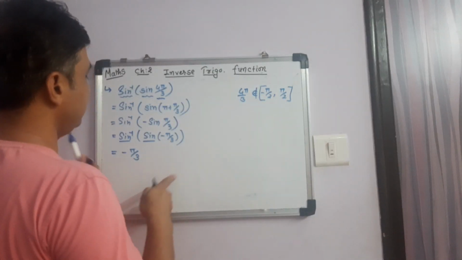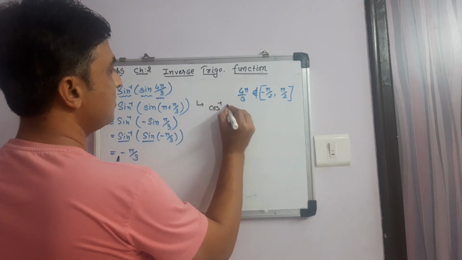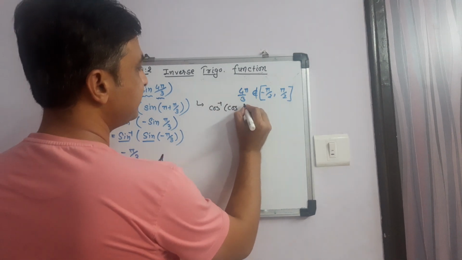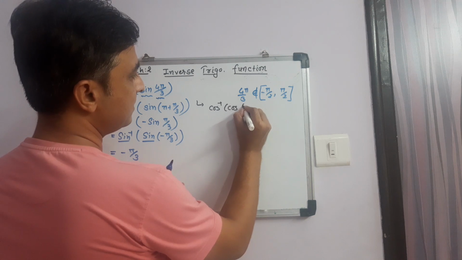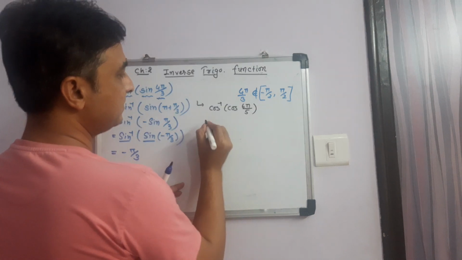Let's see a similar question. Cos inverse cos 6 pi by 5.